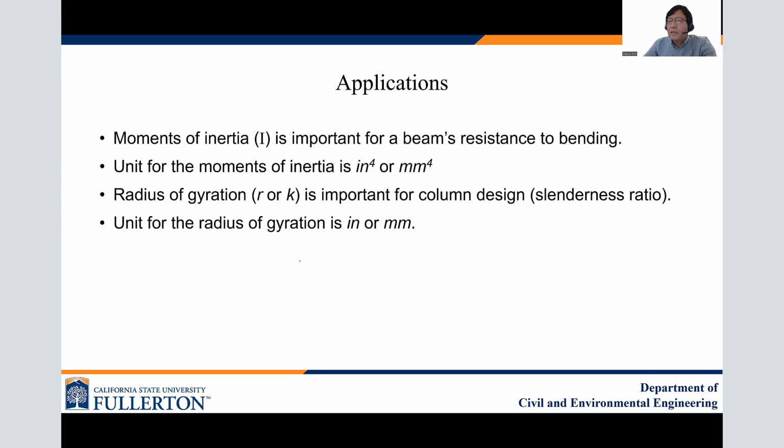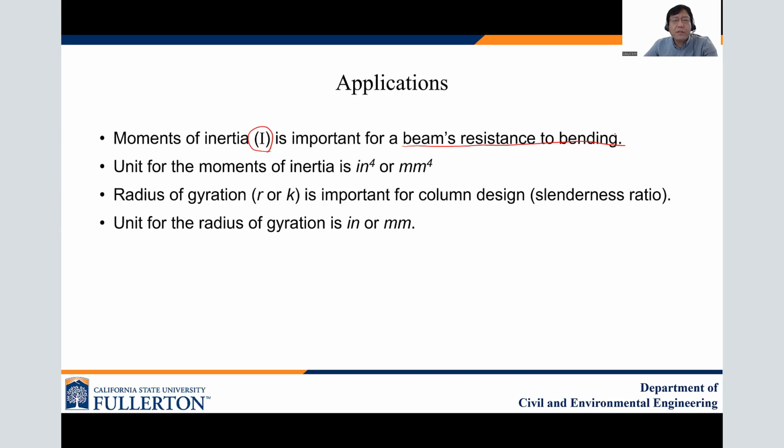This slide shows the application of moment of inertia and radius of gyration in the area of structural analysis and design. Moment of inertia, as I mentioned, using I, is important for a beam's resistance to bending. So this is a very important property for beam design.